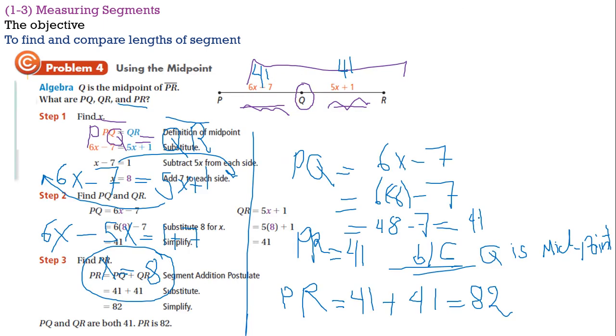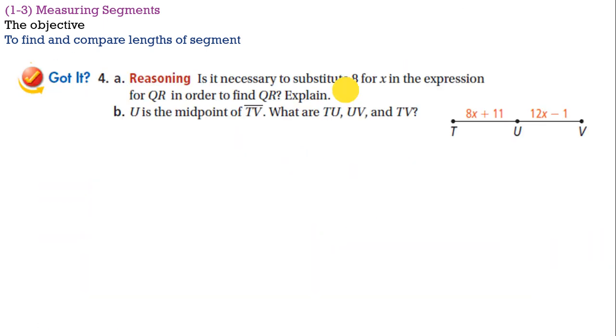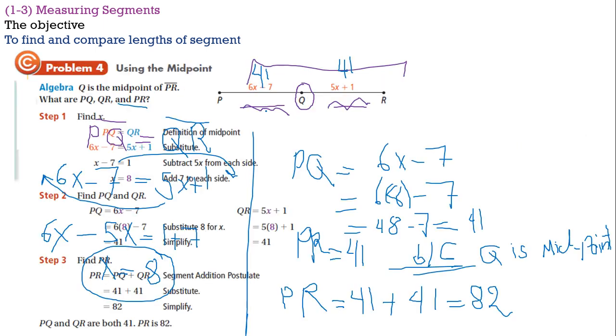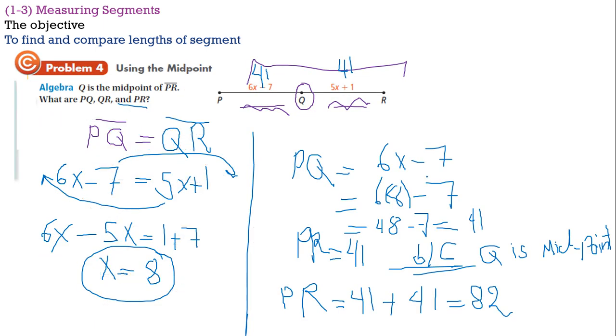Explain. No, it is not necessary because Q is the midpoint, so they are equal, as I did. Directly you can just say QR is 41, then PR, the overall, is 41 plus 41, which is 82.